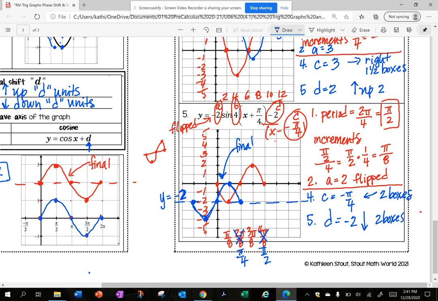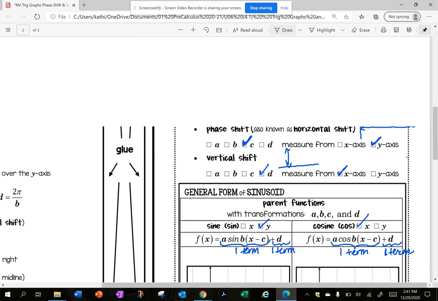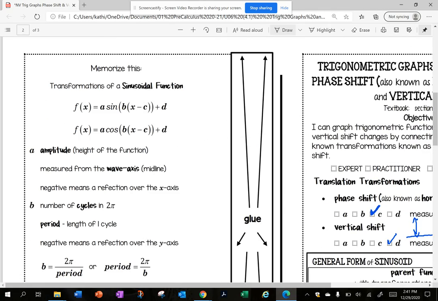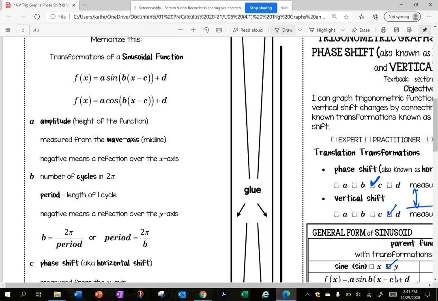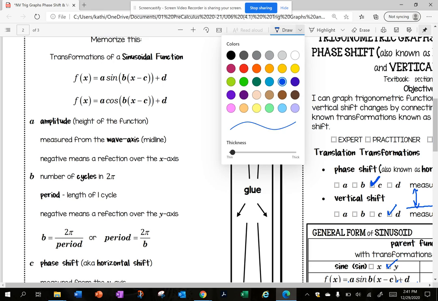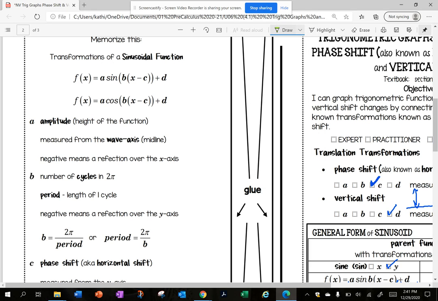Okay, just a quick review on the back. I need to memorize what all the transformations are. Again, you have to figure out what strategies work for you. I like drawing the goalposts.